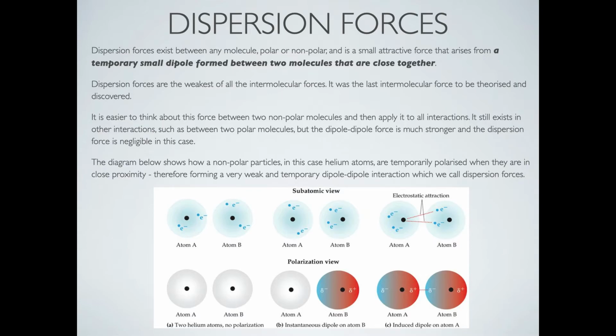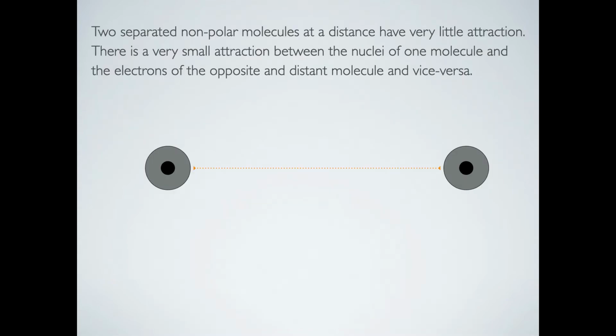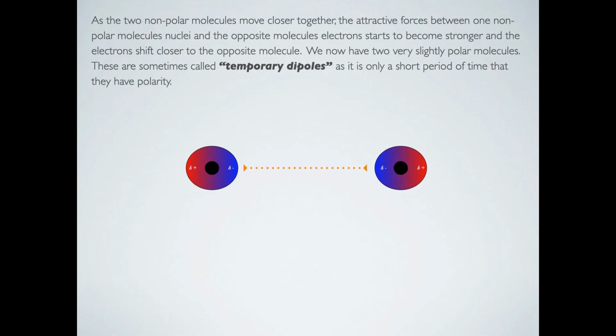Okay, I've done an animation on the next slide. Let's see how I did. So we've got two separated nonpolar molecules at a distance. They have very little attraction. So there's this very small attraction between the nuclei of one molecule and the electrons in the opposite, okay? And so they're going to move a bit closer. Notice my dotted line in here has gotten a bit bigger.